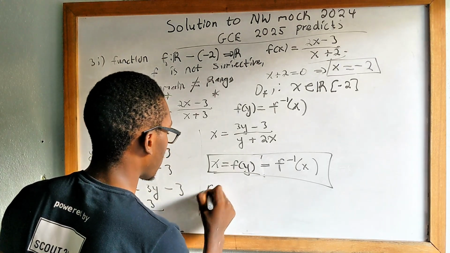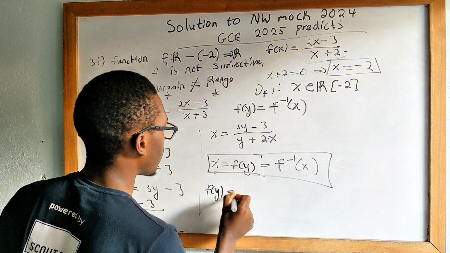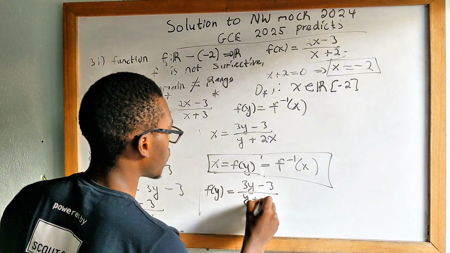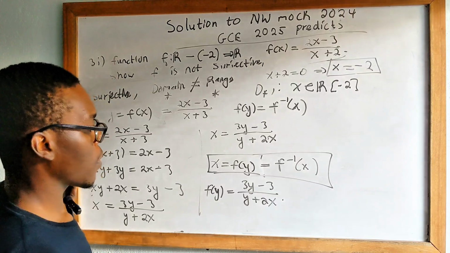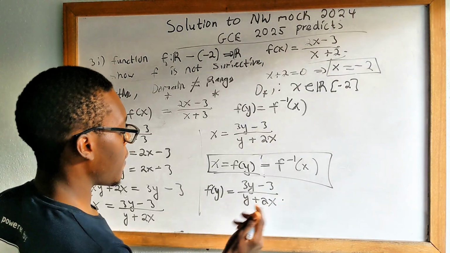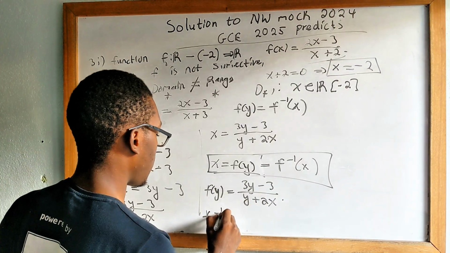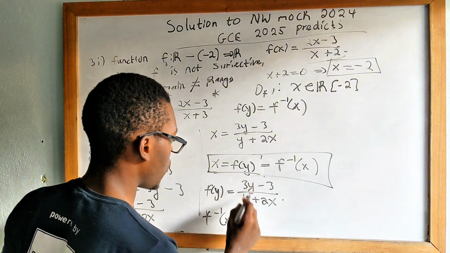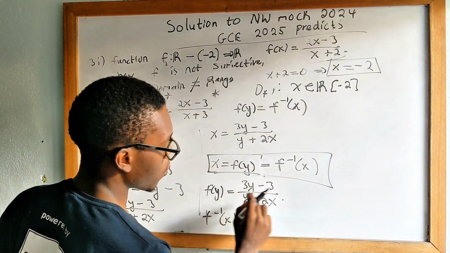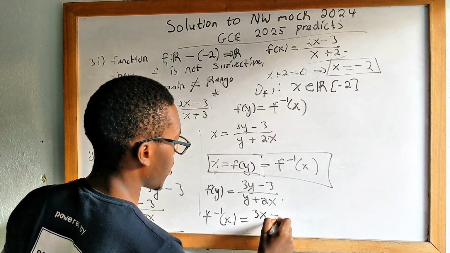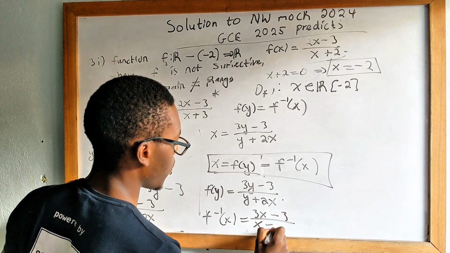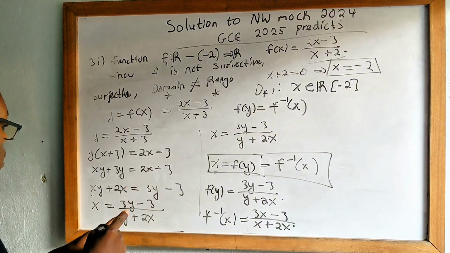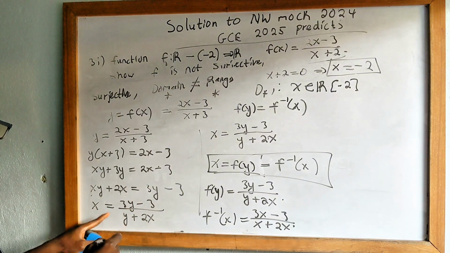Hence our f of y will be equal to the fraction. From here now you have to find f inverse of x. f inverse of x is equal to f of y. Therefore f inverse of x, you just have to exchange this y to x.